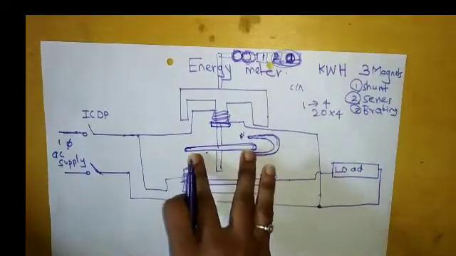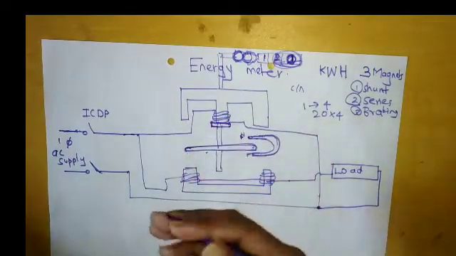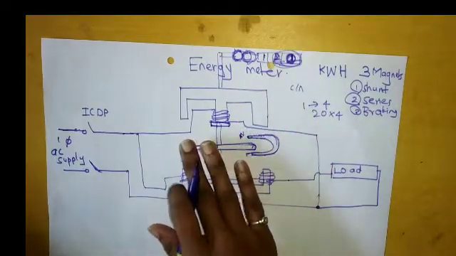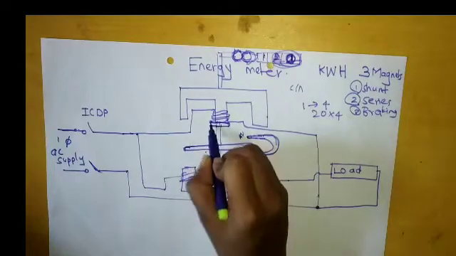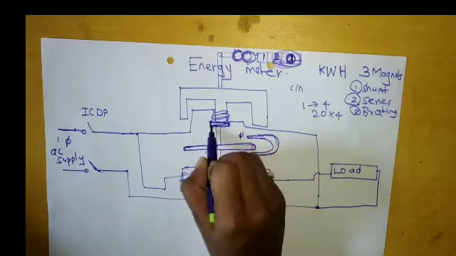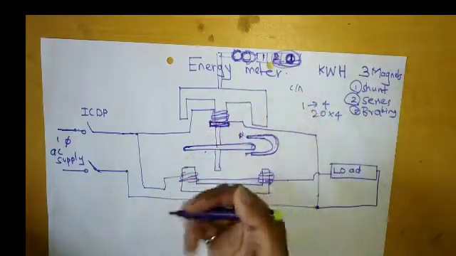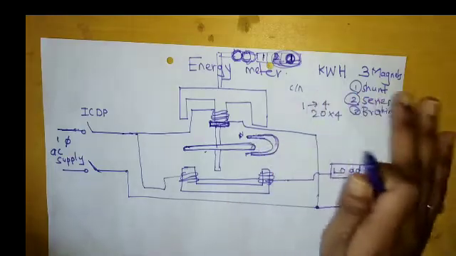To rotate our disc, we need a phase difference, right? Sometimes the phase difference is not created, so our disc will not rotate. To create that phase difference, we connect a copper ring here, so that the phase difference is created and our aluminium disc starts rotating. So this is about the energy meter.